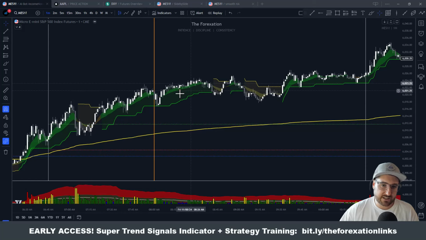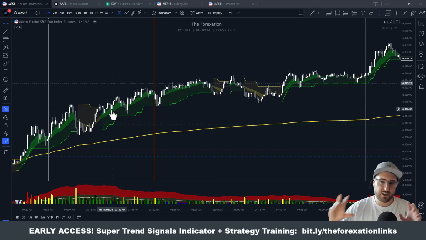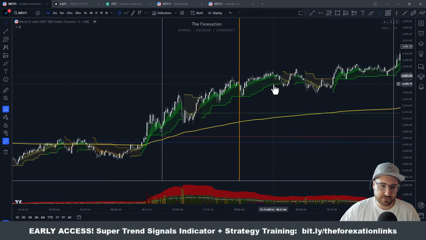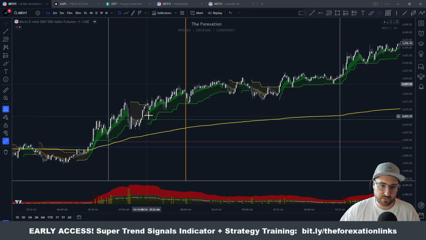Then we have this cloud. So these are the EMAs, and they kind of are an area of support that follow the price. So we could see where it rejects and keeps going. We like to see price break above and hold this area. Now, what do these coloring systems do? Well, green is we're bullish, we're good to go.